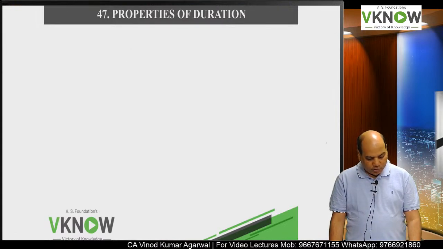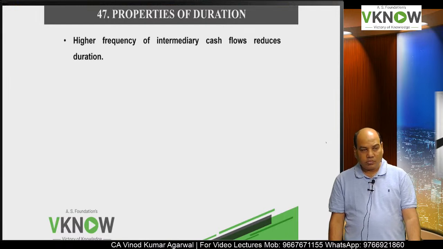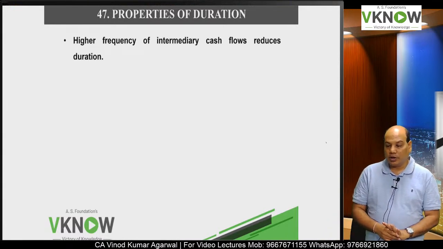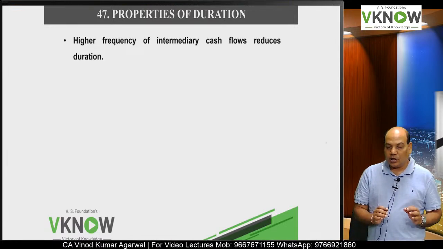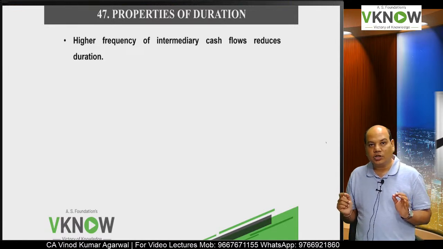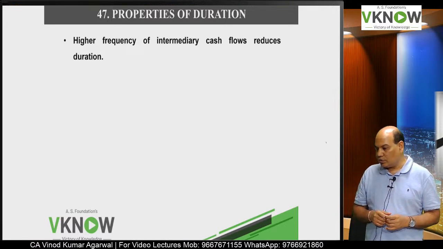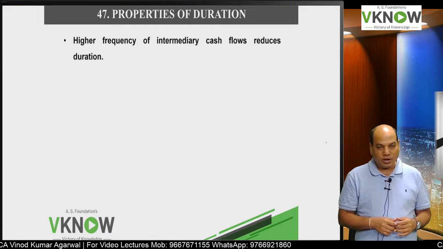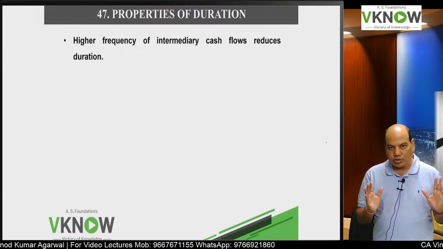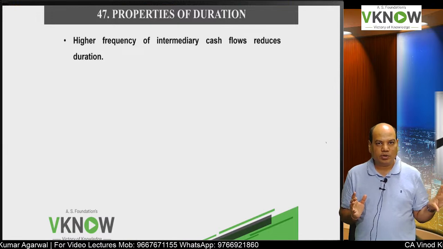Next property of the bond is higher frequency of intermediary cash flow reduces duration. What does that mean? It means that suppose one is an annual coupon paying bond.